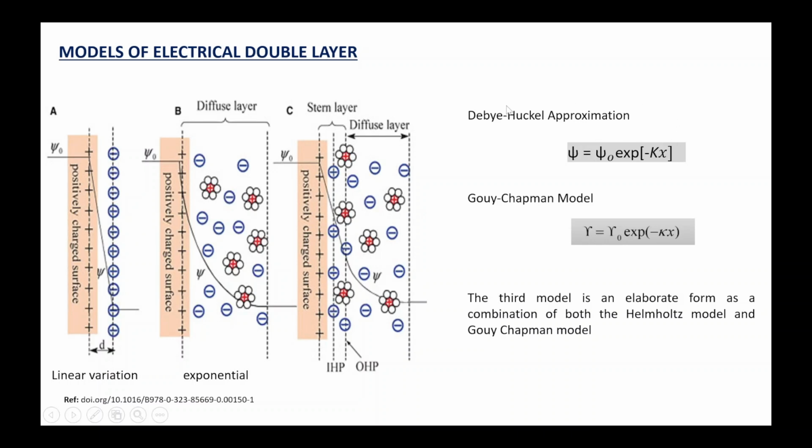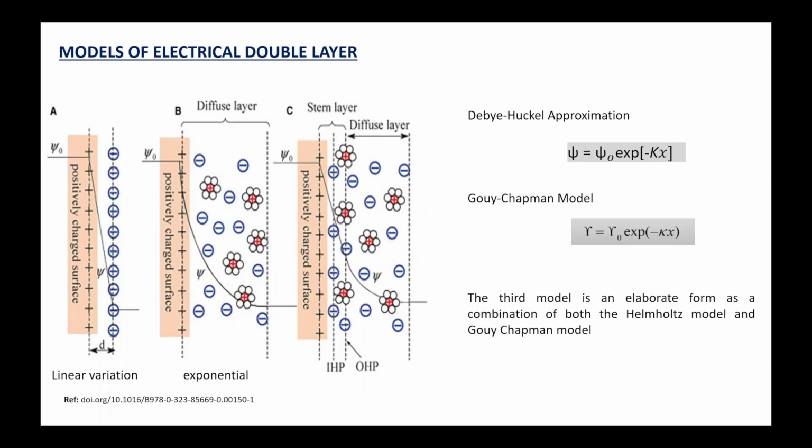In the last class, we derived the first one, the Debye-Huckel approximation, where the potential psi is related to the surface potential psi naught and the distance x at which you want to calculate the potential.